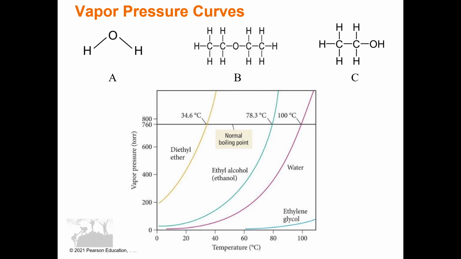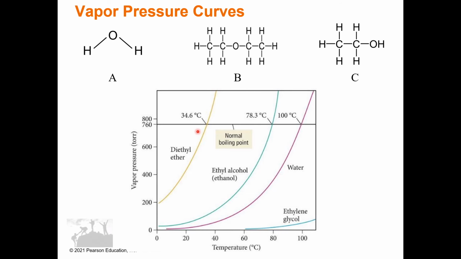Here are some vapor pressure curves for diethyl ether, ethanol, water, and ethylene glycol. We're only going to focus on these three because we could see what their normal boiling points are in this graph. Now, if you had no idea what the Lewis structures were for these three compounds, you should be able to figure it out based on the boiling points that are given here.